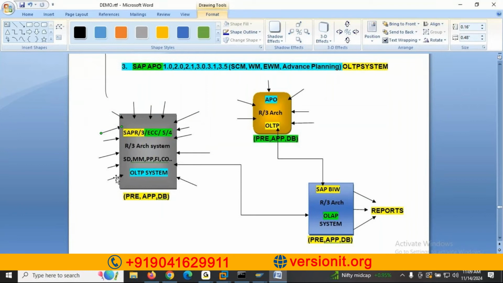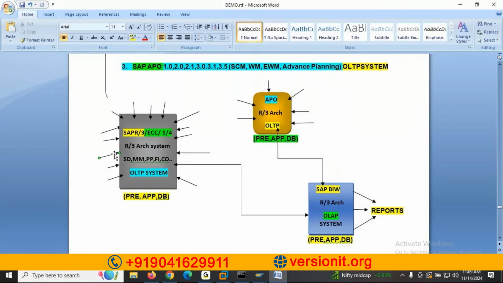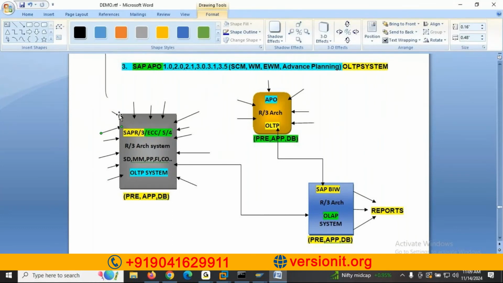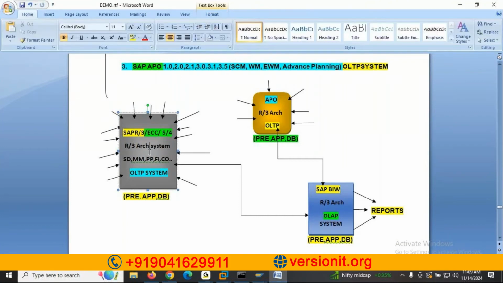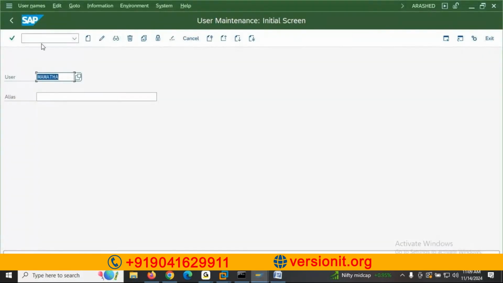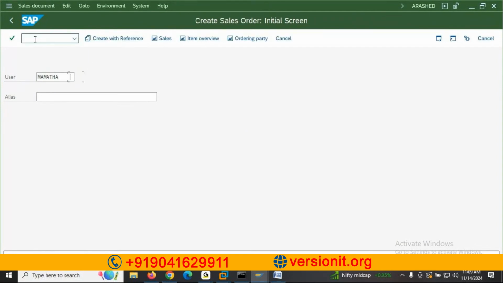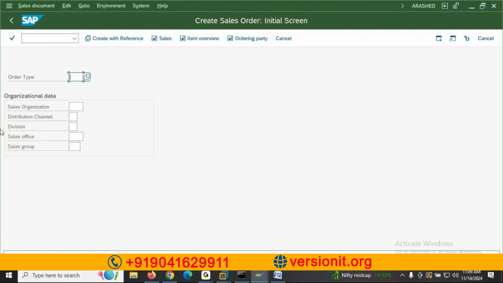The people sitting in the sales department, material department, production department, finance department, quality department, project systems department, and HR department, all these employees of the company would log into the same system every day online. And whatever I was hitting here, guys, is considered a transaction. The command I'm hitting is, in SAP terminology, called a transaction.